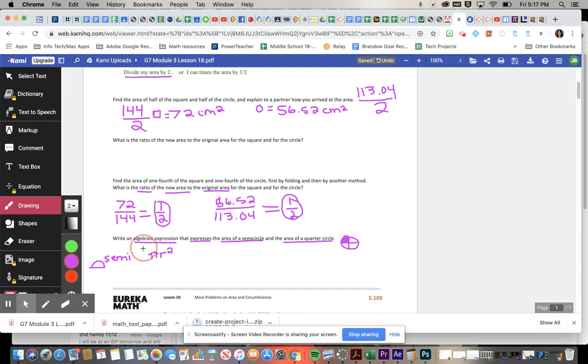So instead, to make this look a little simpler, I'm going to do 1/2 times pi times radius squared to find a semicircle, because semi is half of the circle. So if we follow that logic for a quarter of the circle, anybody know what fraction goes with a quarter? Okay, well, a quarter is 1/4 of the circle, so I'm going to do 1/4 times pi radius squared, and that would give us the quarter of a circle.